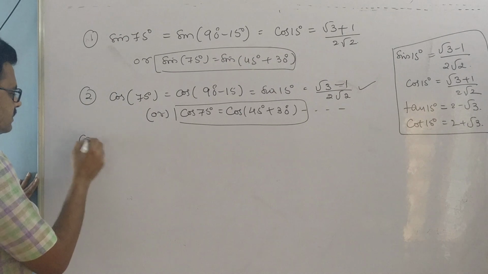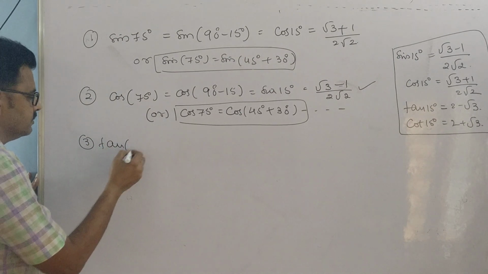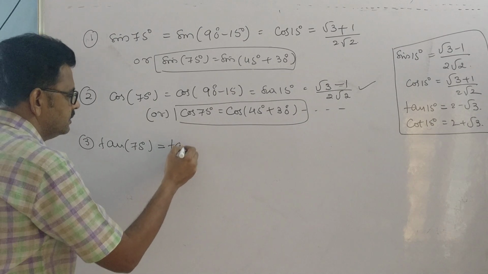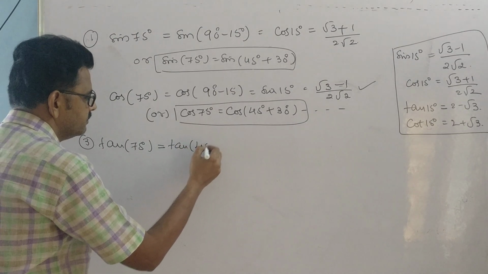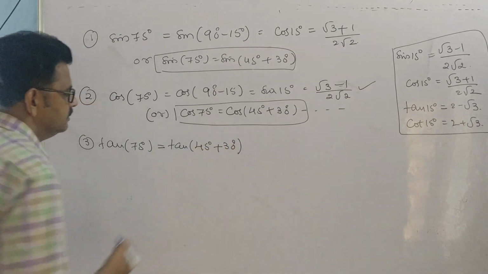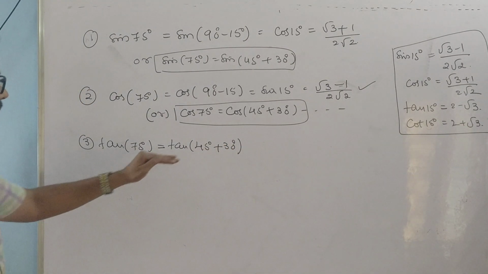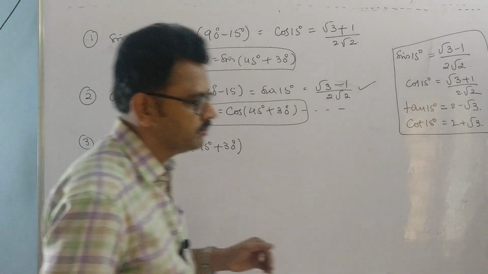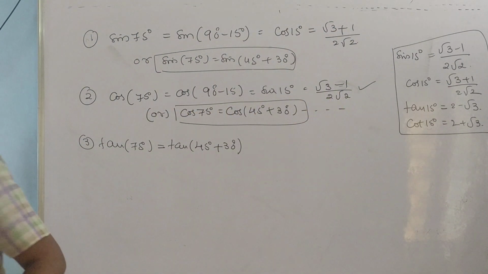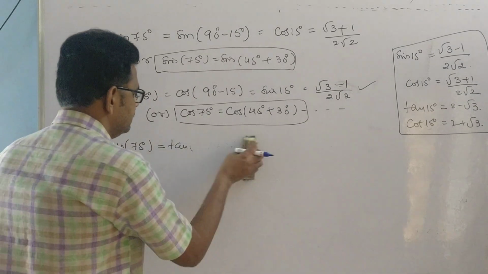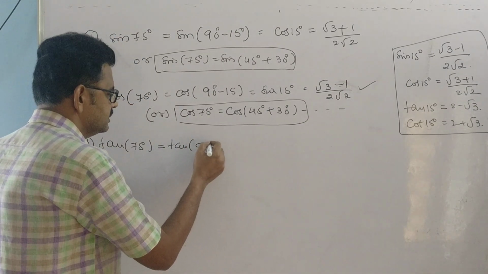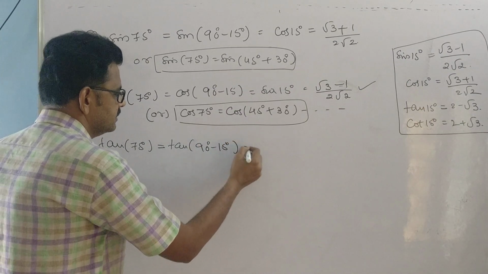Next one, tan of 75 degrees, you write tan of 45 degrees plus 30 degrees. You don't have the formula for tan of a plus b yet, so we derive it later. So first of all, you write this as 90 degrees minus 15 degrees.